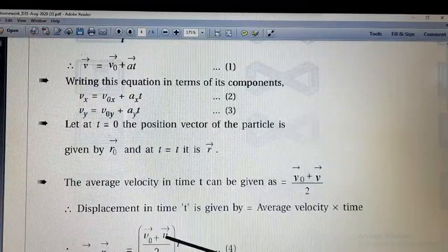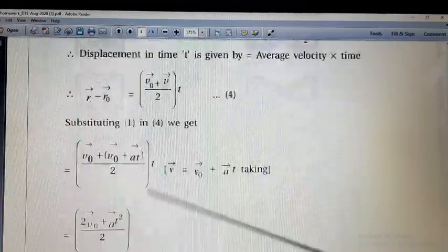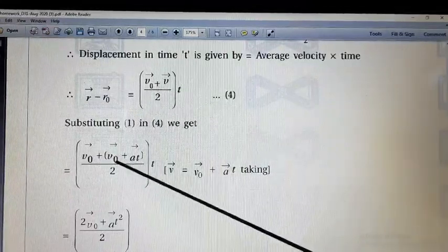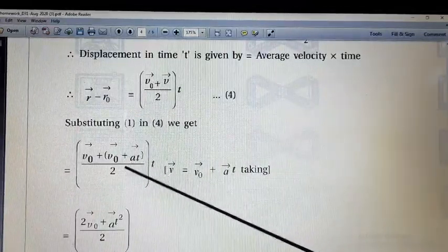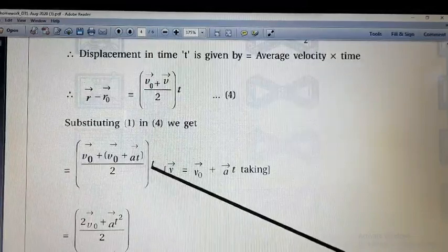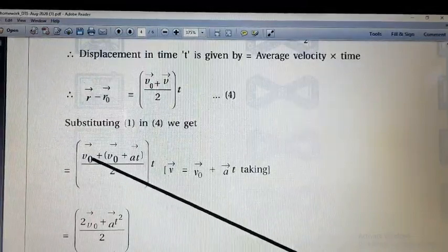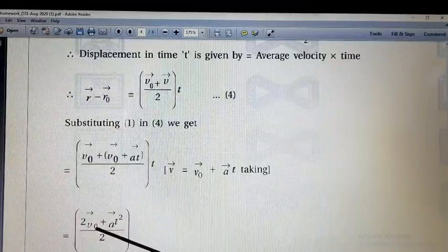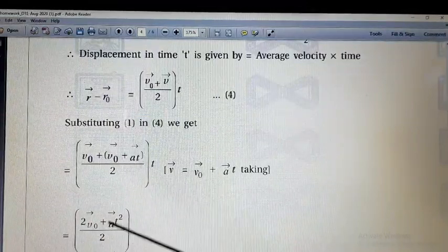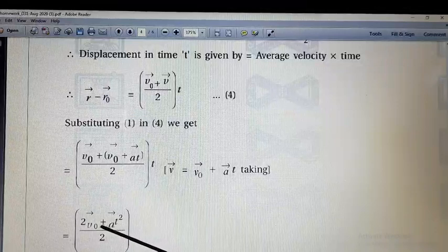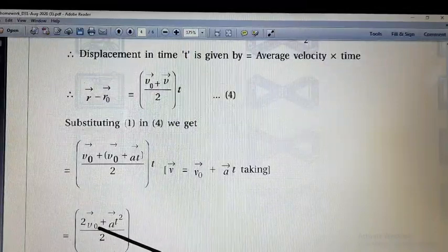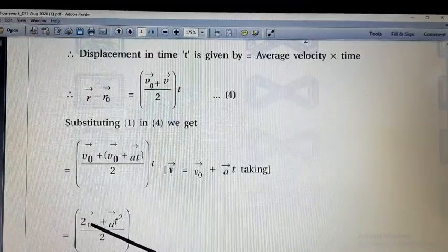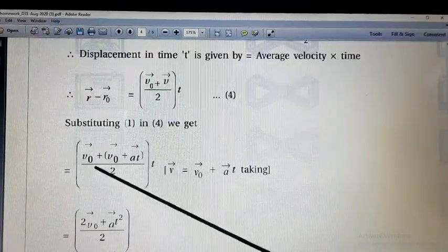So we get v0 as it is. Instead of v we can write v0 plus at, divided by 2, into t as it is. So v0 plus v0 means 2v0. So here we can write 2v0 plus at. Look here, t is missing by mistake. Here is a mistake, 2v0t is required because t is multiplied.